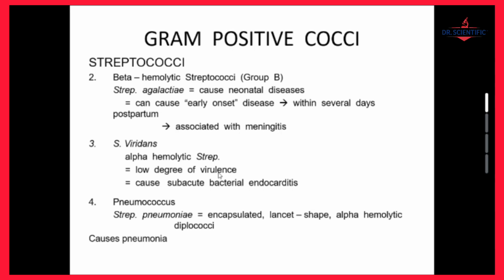They commonly cause what we call neonatal diseases in children. And then we also have Strep viridans, which causes subacute bacterial endocarditis, inflammation or infection of the heart.